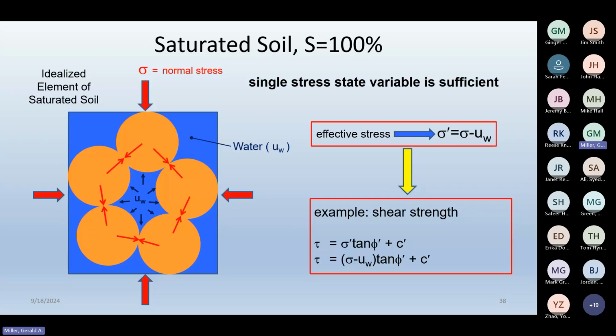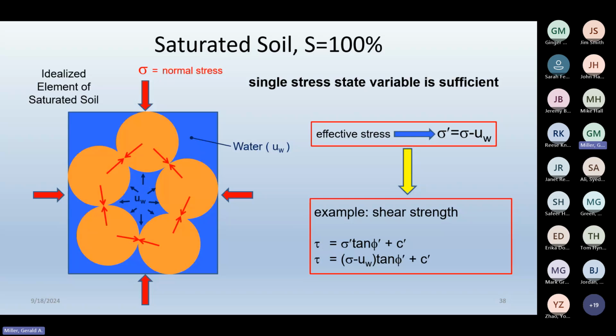And so it is the total stress. So here's an element of soil. You can think of this element of soil somewhere below the ground surface, below the water table. We've got an overburden stress, a total stress, which is due to the weight of soil and water above this element. And then we have pore water pressure acting everywhere within this system.